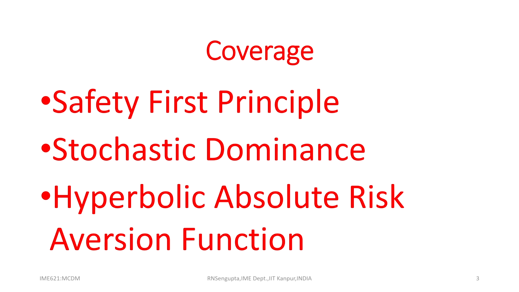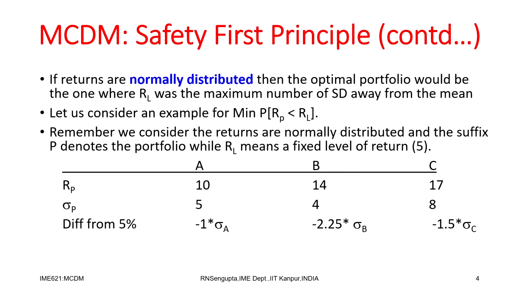Again I am mentioning whatever the coverages being mentioned in the slides, they are updated accordingly and you can refer to them. So, considering the example which I drew in details for the normal distribution, if returns are normal distributed and we want to find out the minimization of the return or the decision being less than equal to RL, which RL is the minimum point or risk free interest rate.